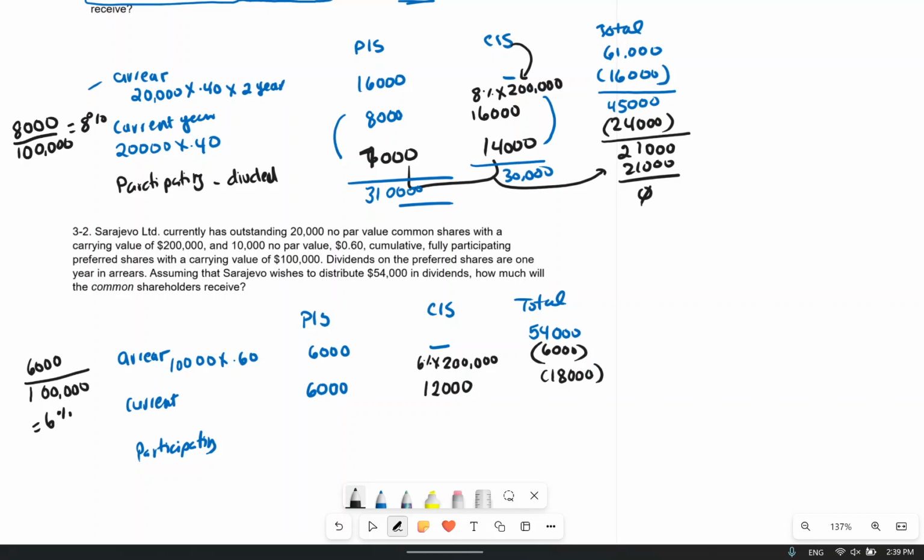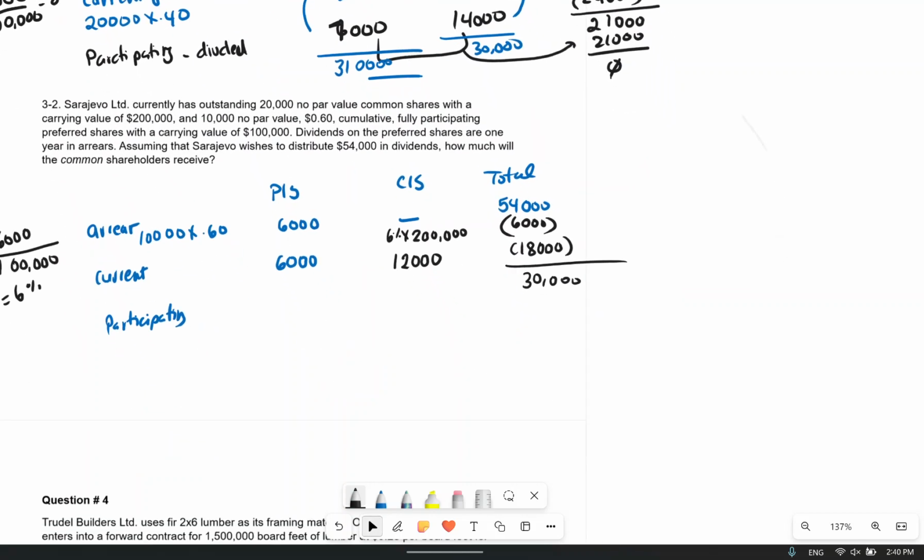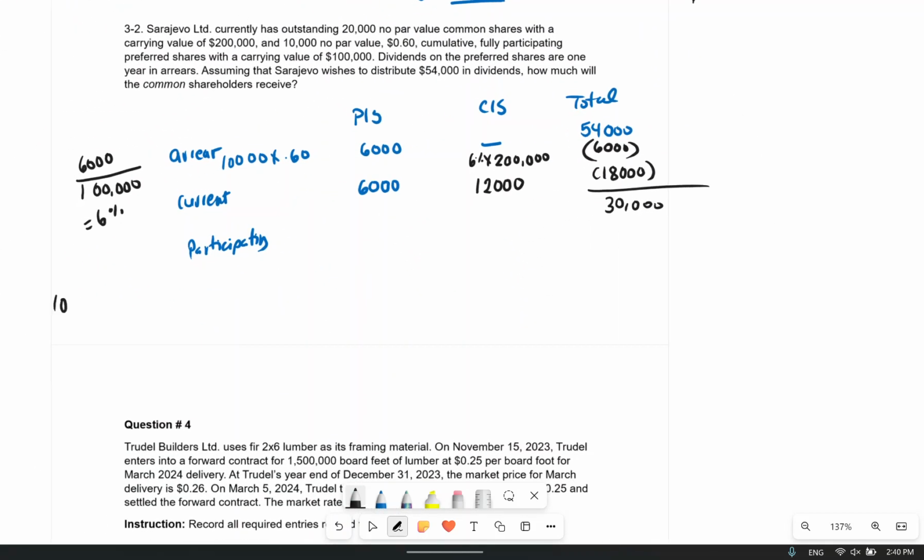Then going to participating, whatever is the leftover, 54,000 minus the 6,000 minus the 18,000, and that is my 30,000. Now we're going to distribute according to their proration, 100,000 and 200,000. Altogether we have 300,000.